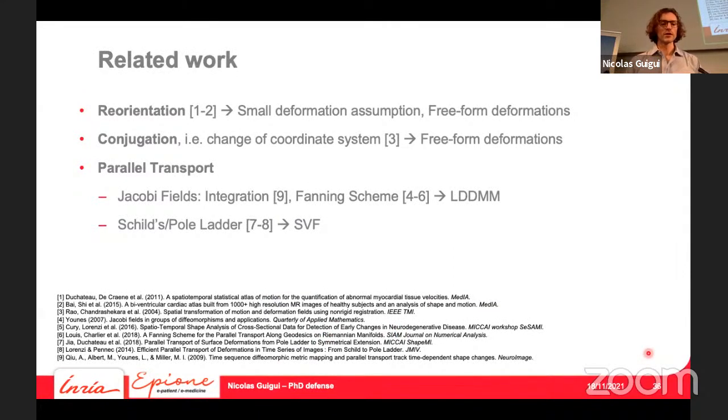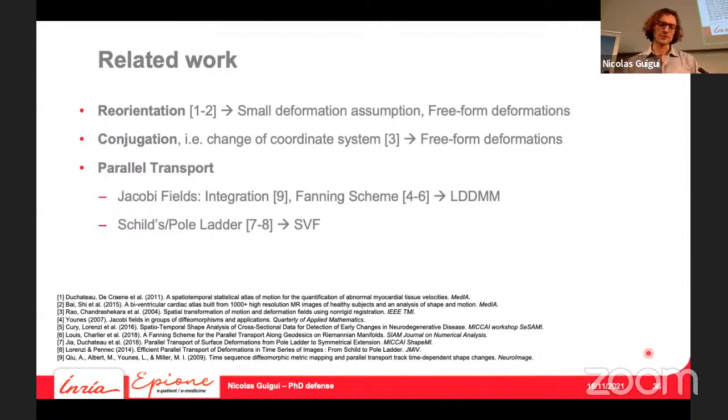in the literature before. Methods such as reorientation or conjugation have been proposed in the framework of free-form deformations. But in many cases, they made the assumption that the deformations that were being transported were small deformations, and they transported along deformations that were also small in some cases.